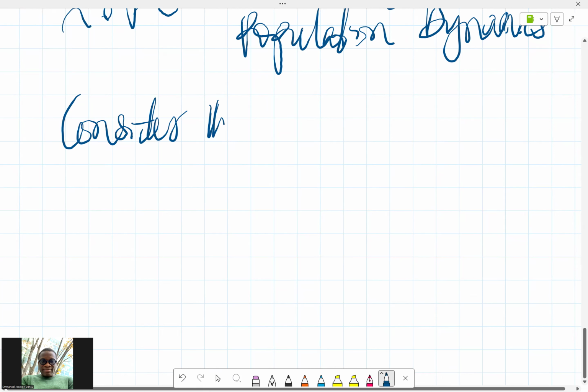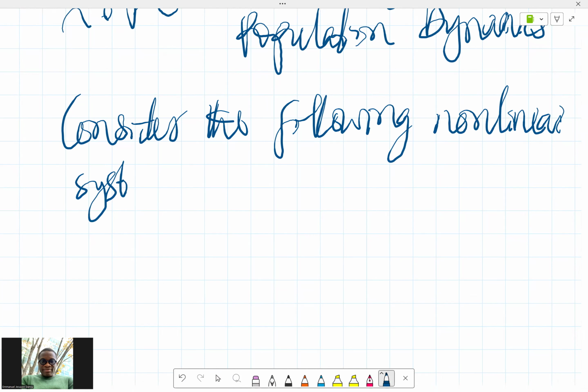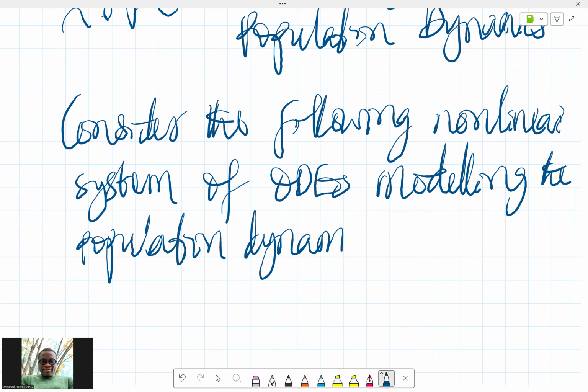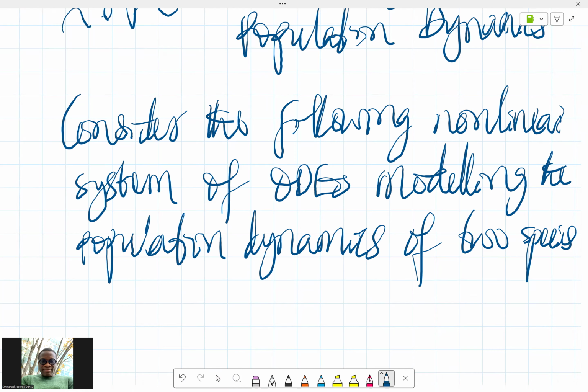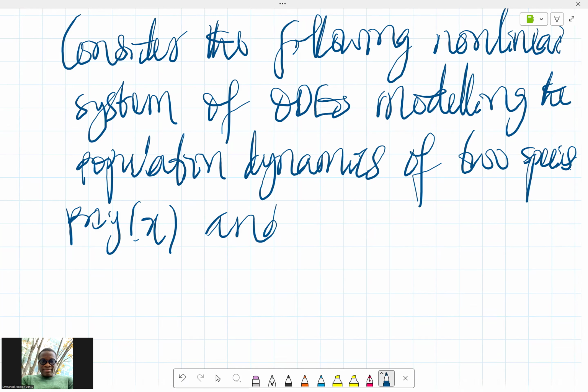Okay. So consider the following nonlinear system of ordinary differential equations modeling the population dynamics of two species. Say you have a prey species x and a predator species y.